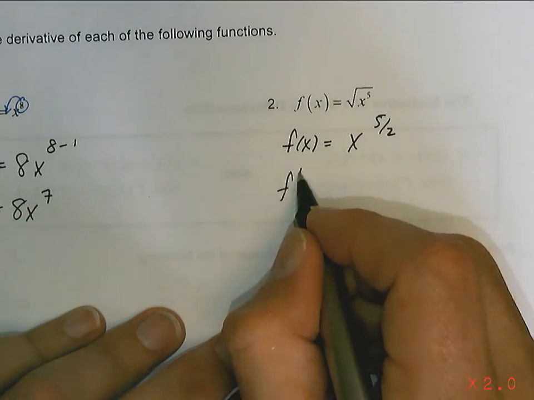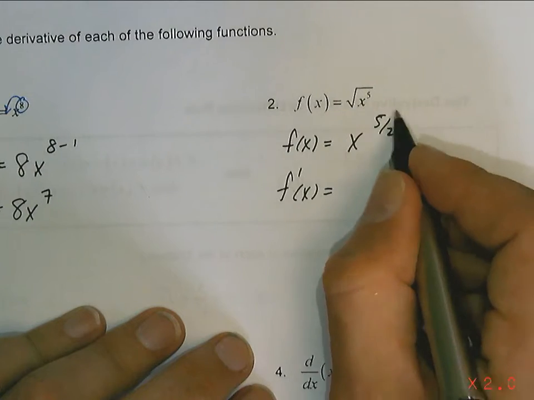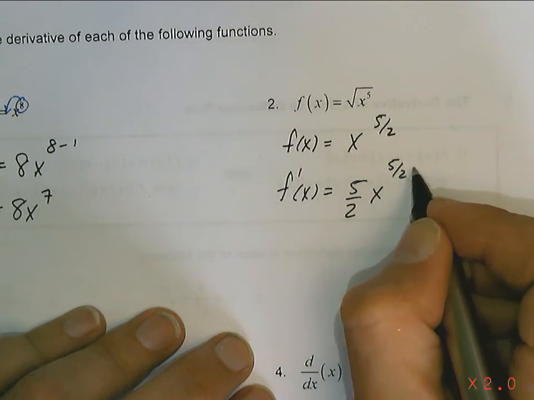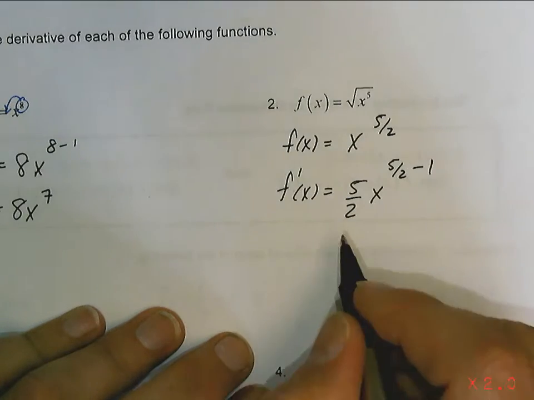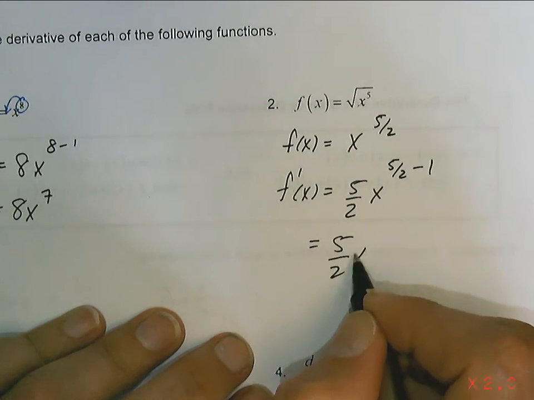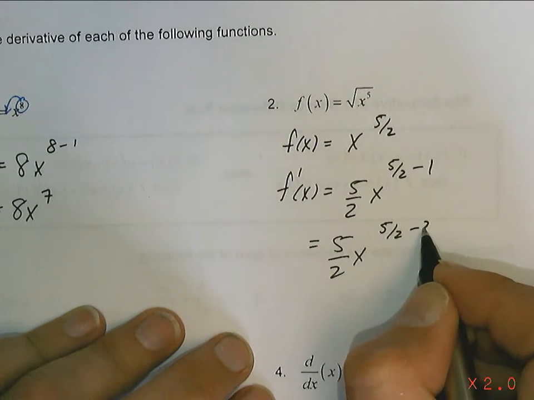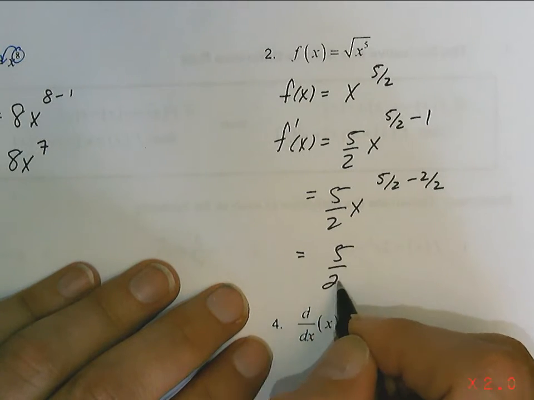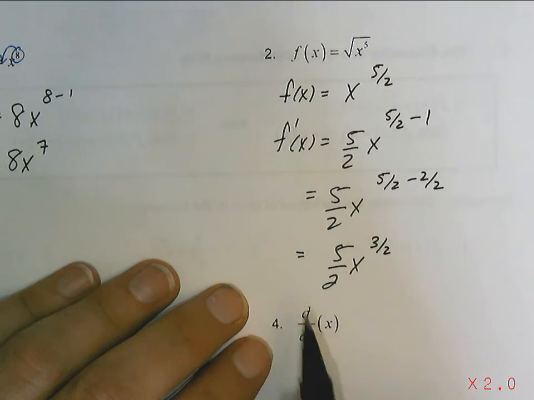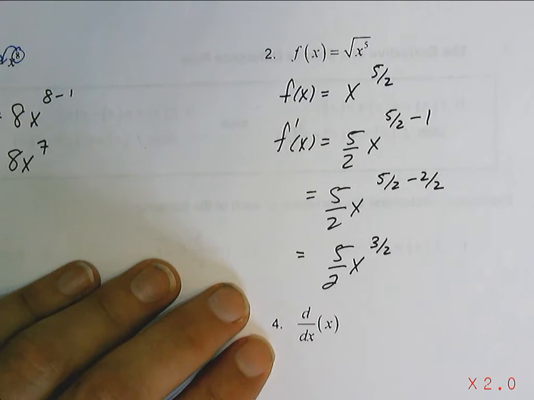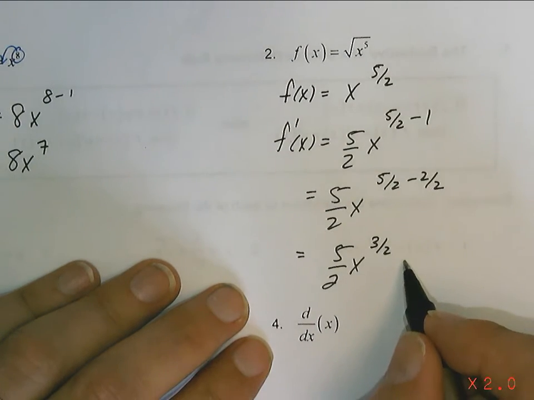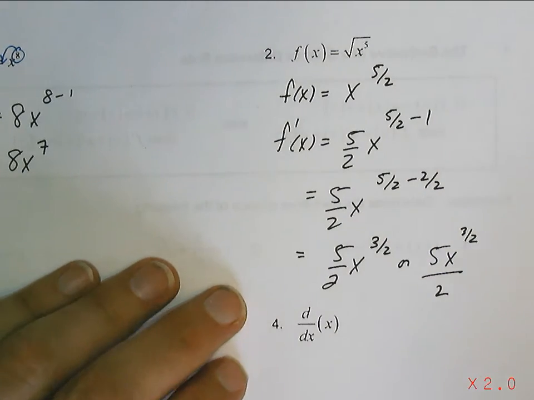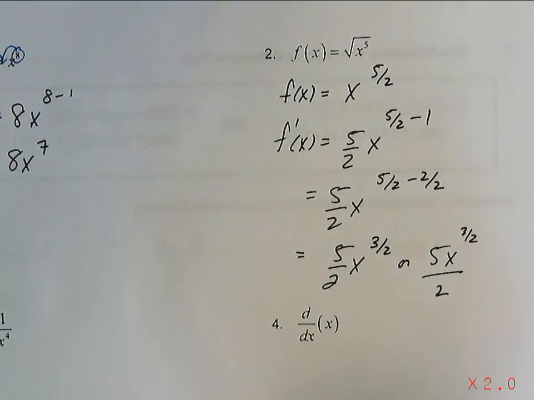Now the derivative will equal, bring that down, 5 over 2 subtract 1. I expect you to know how to handle fractions, that'll be 2 over 2. So it's actually going to be 5 over 2 x to the 3 over 2. Now that's my final answer. We could also write it like this. Get used to that. We could do either one.